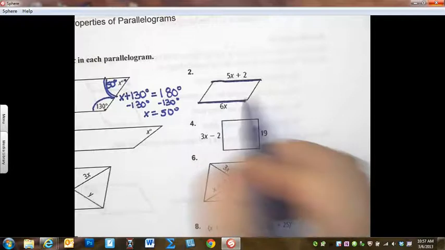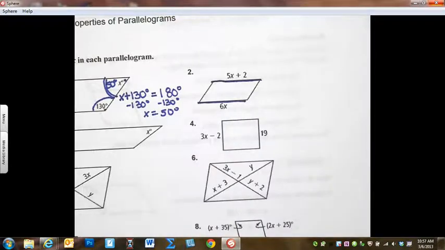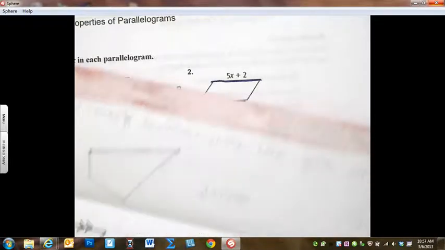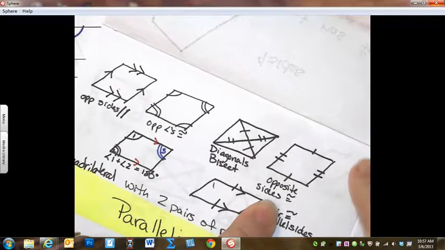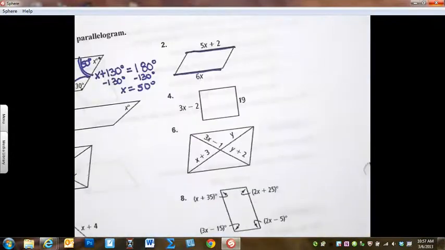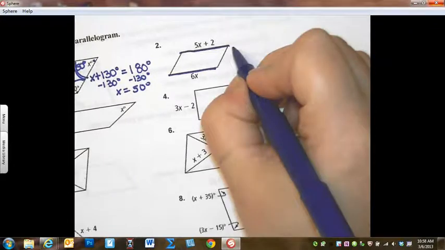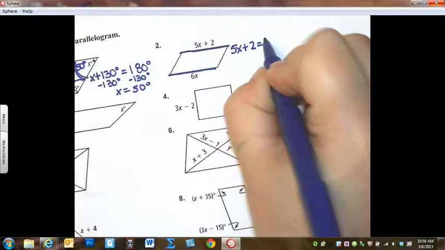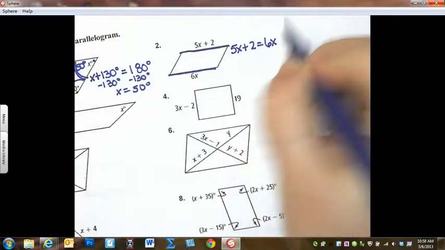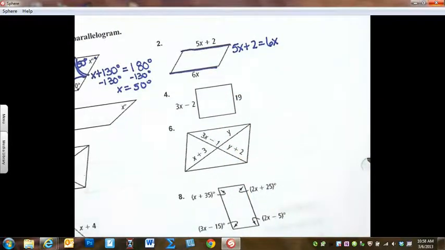Well, when I go back to my list of properties of parallelograms, remember we said that opposite sides are congruent. Well, when I say congruent, you think equal, remember? So it's 5x plus 2 equals 6x. And then you're just going to solve that for x, which is pretty simple.